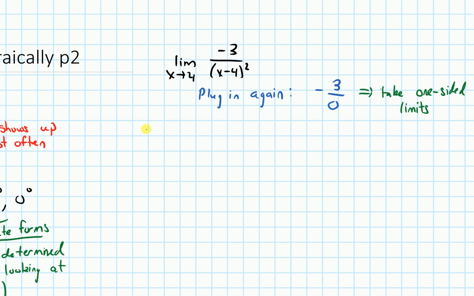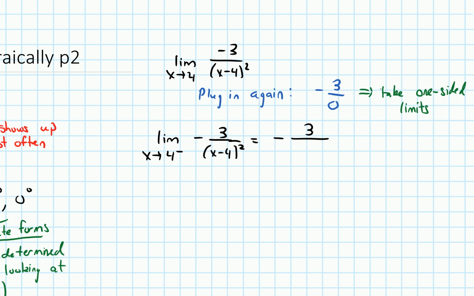So let's do the limit from the left and the limit from the right. So the limit as x approaches 4 from the left of negative 3 over x minus 4 squared. When we plug in, we'll have the negative and the 3 here. On the bottom, I know I'll have some type of 0. I just don't know if it's 0 with a negative sign or 0 with a positive sign.